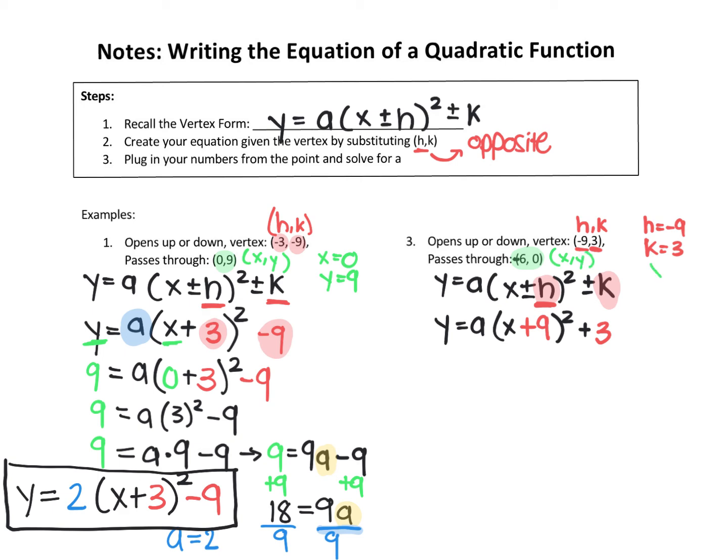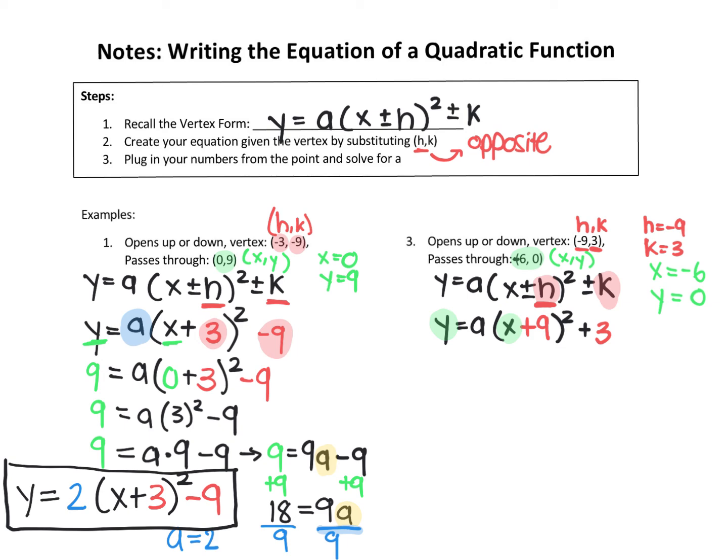My x value is -6. My y value is 0. So I'm going to replace this x with the one I have and this y with the one that I have. So let's go in order.